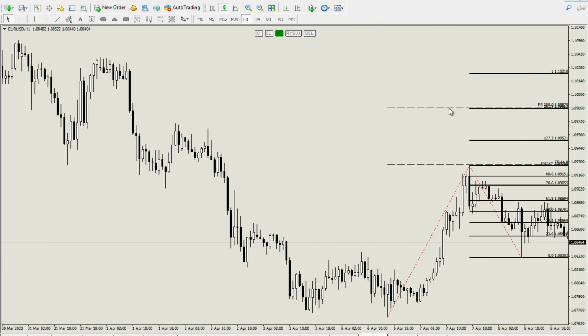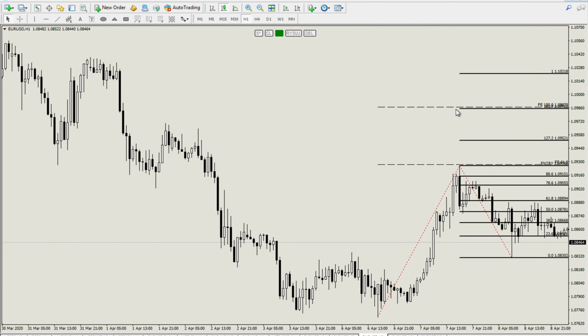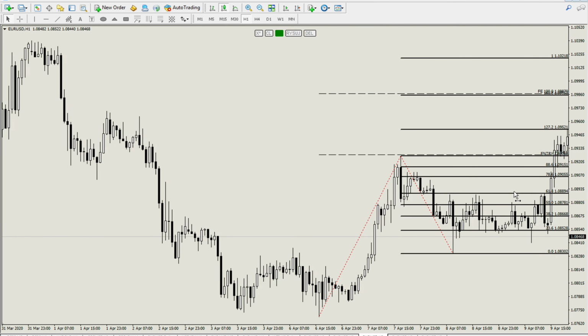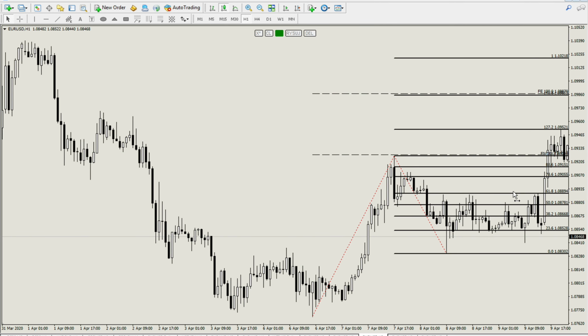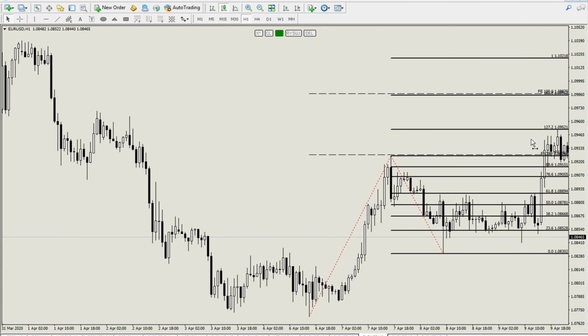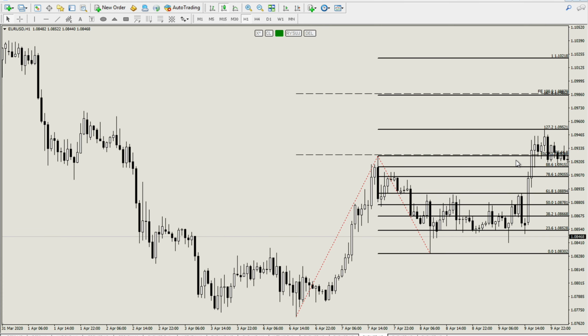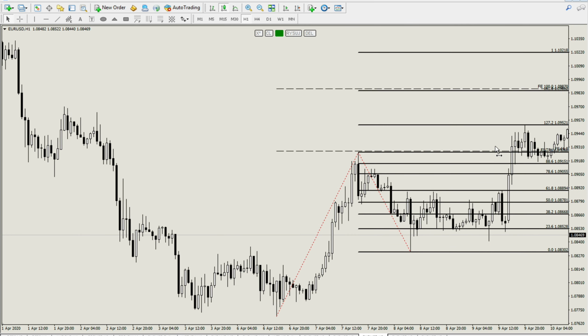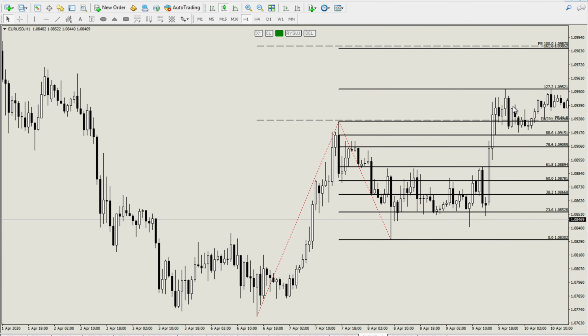And we see that our previous 100% is clustering with big Fibo. So we are observing the market further, and we have a very nice reaction at 127.2. So that means the market is respecting our first measurement, second measurement, once, twice, very good.